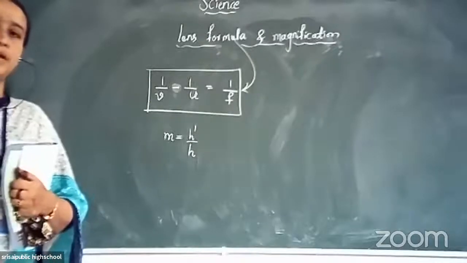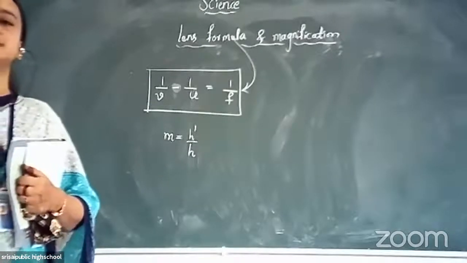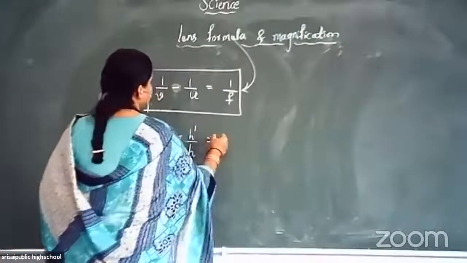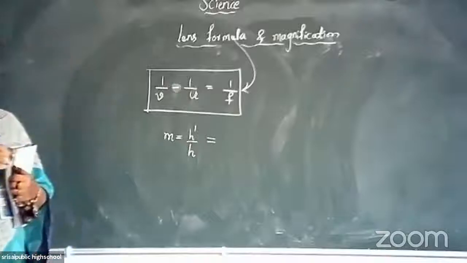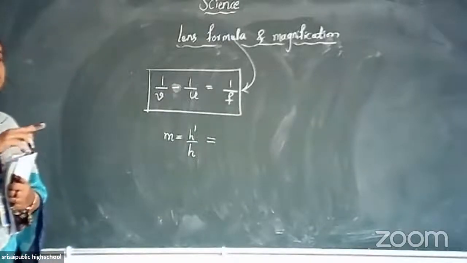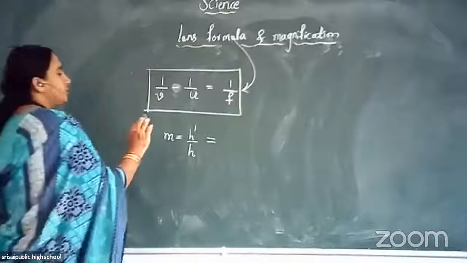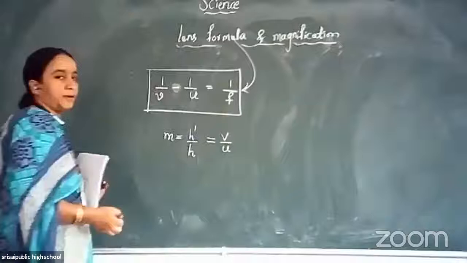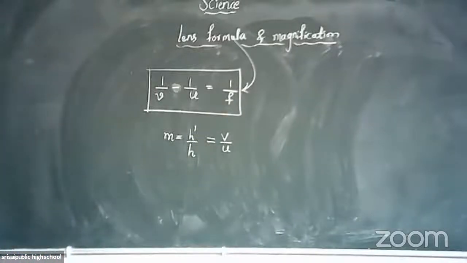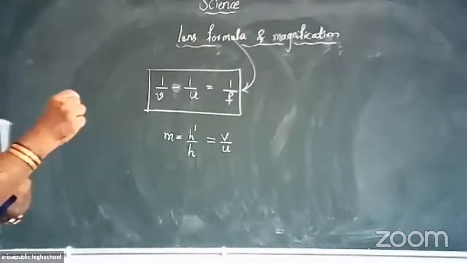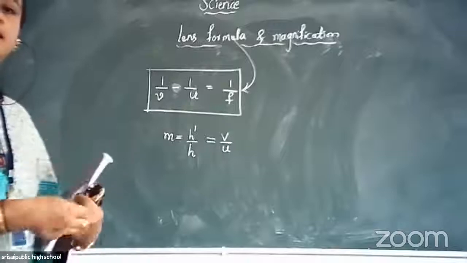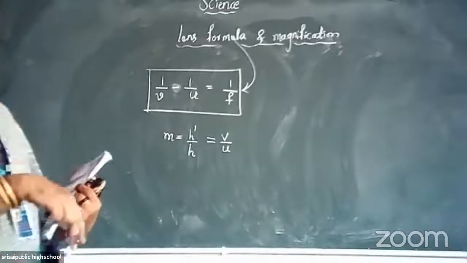Now, if we compare the magnification with respect to object distance and image distance, in terms of mirrors we gave a negative sign. Now, here we are not going to give a negative sign, it is just V upon U. The magnification in terms of object distance and image distance is given as M is equal to V upon U, the ratio of the image distance to the object distance.